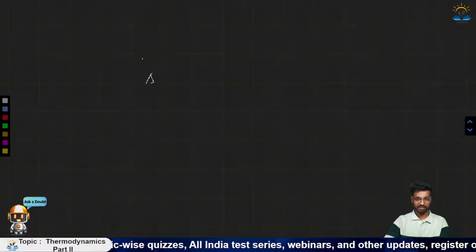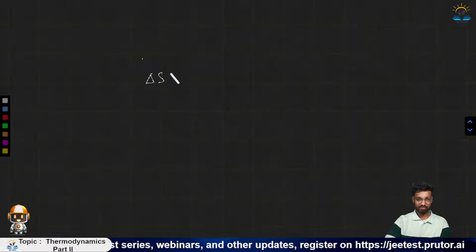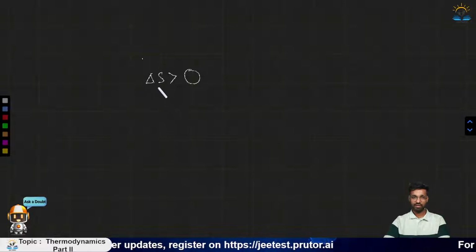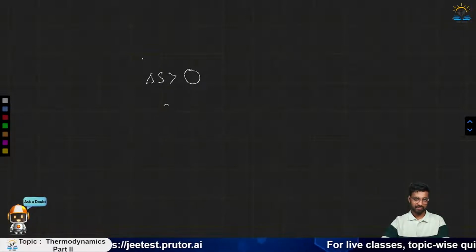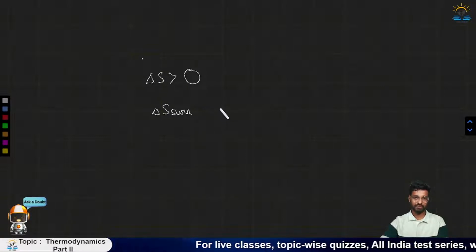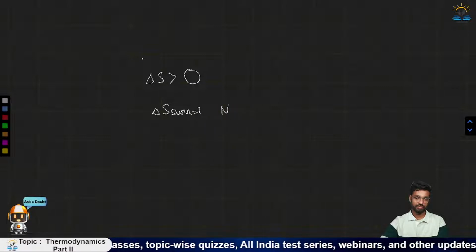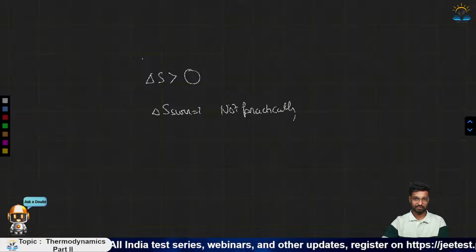We know that delta S will be greater than 0 for a spontaneous, reversible process. And for this to happen, we have to check the delta S for the surroundings, which is not practically possible.